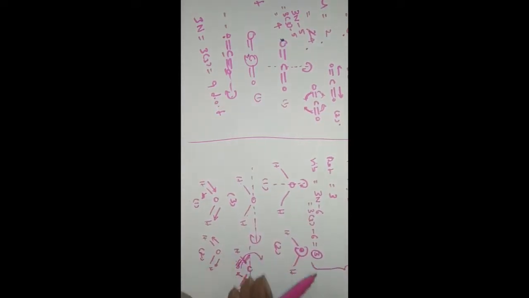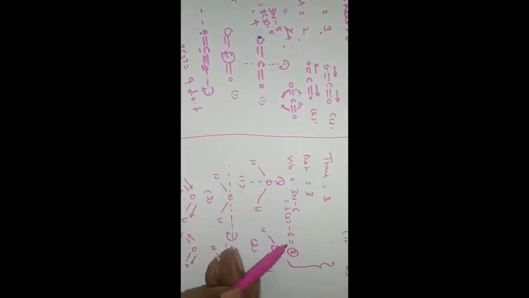So how many vibrational motions are possible here? Asymmetrical stretching, symmetrical stretching, and one bending vibration. So there are 3 vibrational modes possible. So how many degrees of freedom? 3 plus 3 plus 3, 9 degrees of freedom for this triatomic molecule.